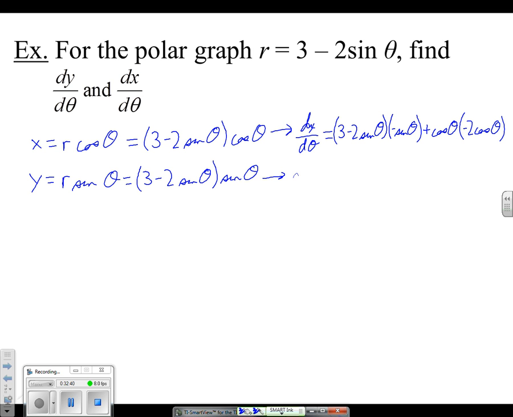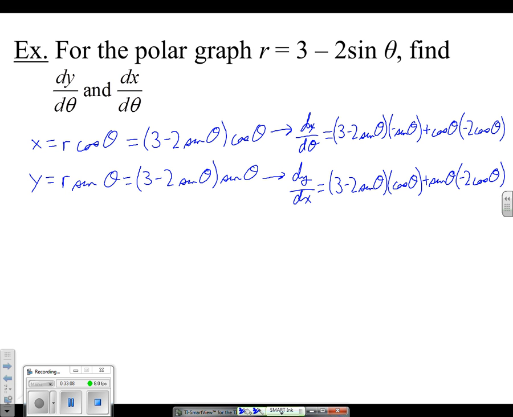And then, of course, dy over d theta, we would again do the product rule for the y. So again, first, times the derivative of the second, that would be cosine theta, plus the second, times the derivative of the first, which is again negative 2 cosine theta.